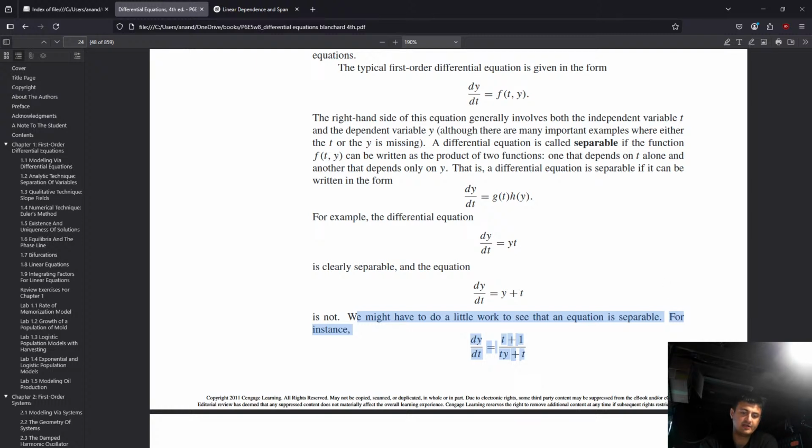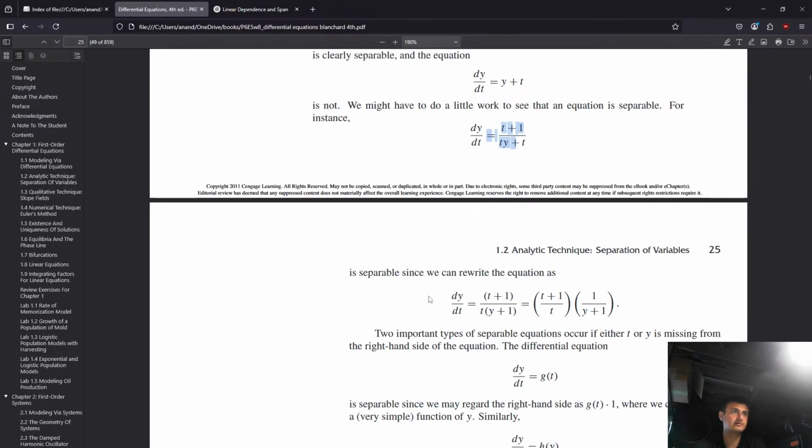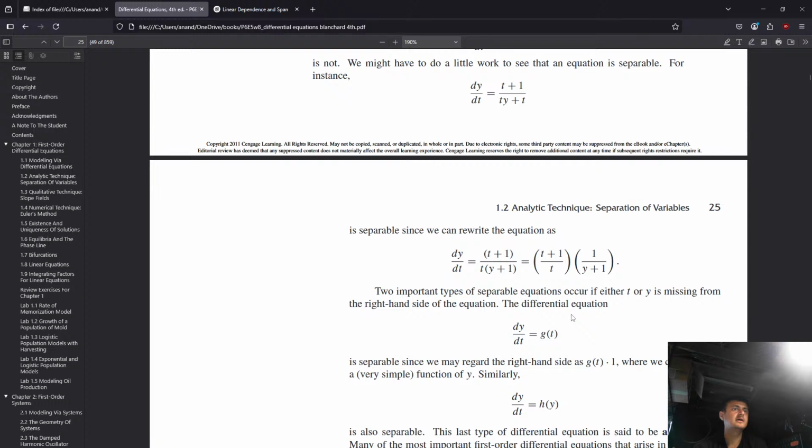So f of y would be equal to 1 over y plus 1, and g of t would be equal to t plus 1 over t, and then the product of those is that expression. So here, and let's see, we'll see this right now. Yep, okay, so that's what I just said.